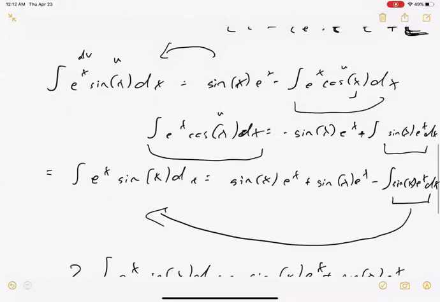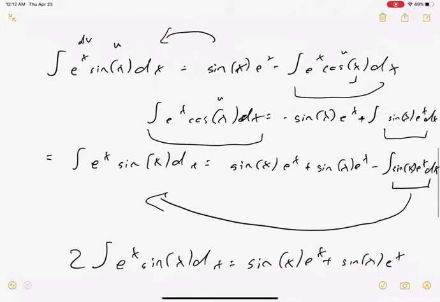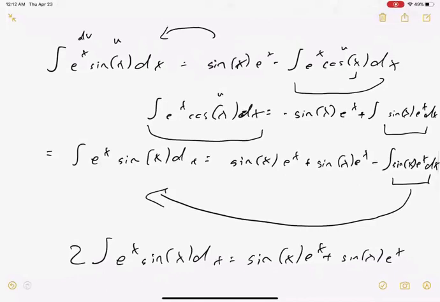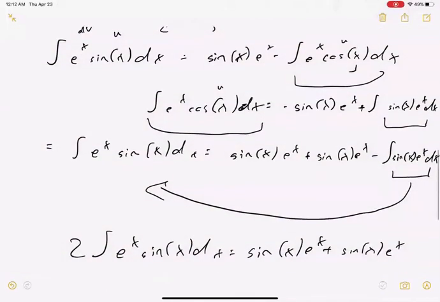let's see, did I do something wrong here? Yes, I did. Excuse me, this shouldn't have been sine, this should have been cosine, right? And let's see, it's going to be positive.